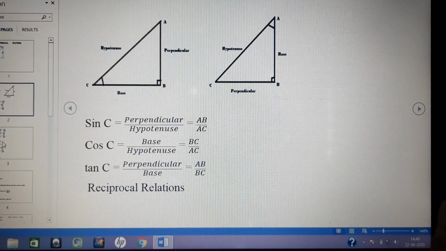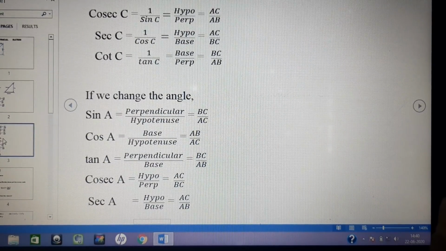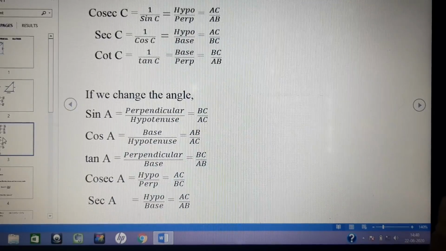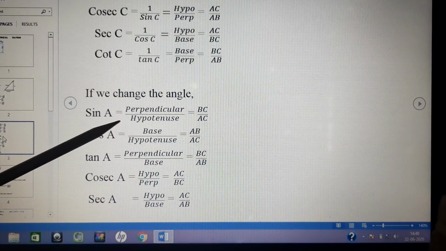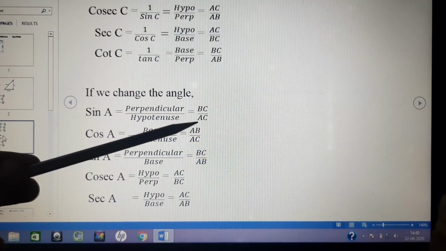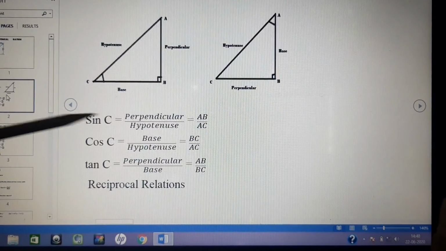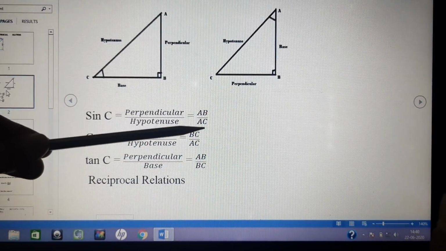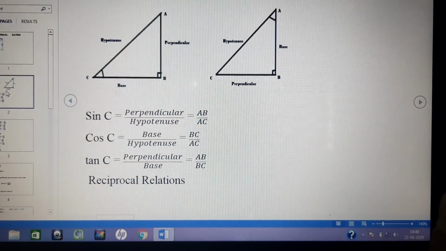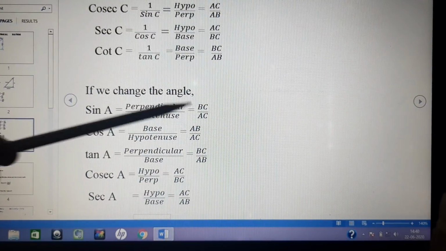So we will again write all 6 trigonometrical ratios according to angle A. Sin A is perpendicular upon hypotenuse, BC upon AC. You can see that earlier sin C was AB upon AC. Now sin A is BC upon AC.